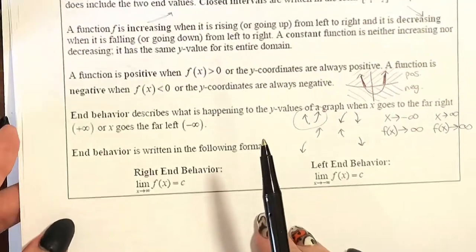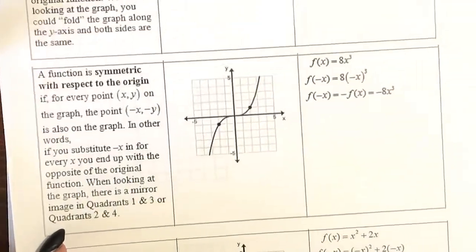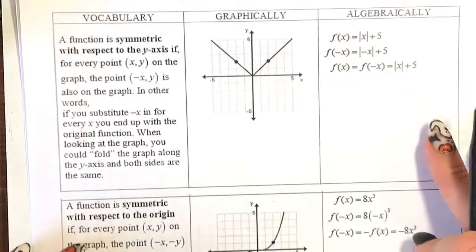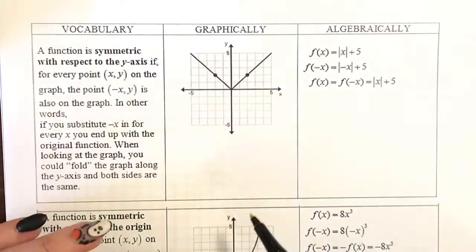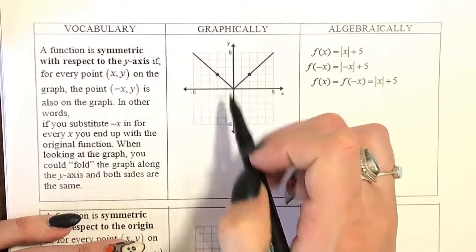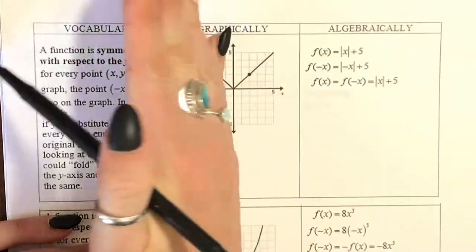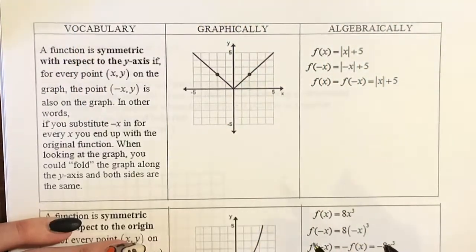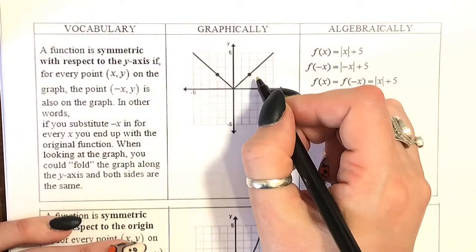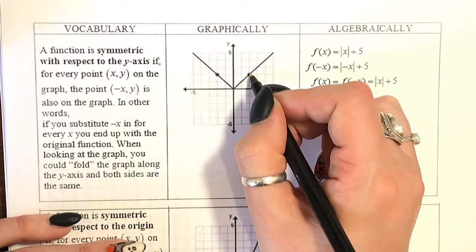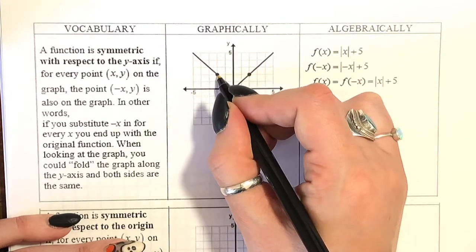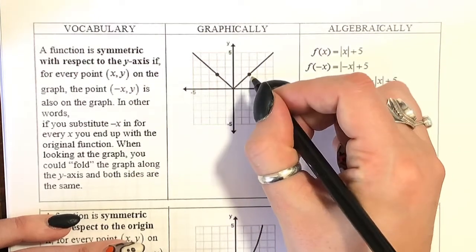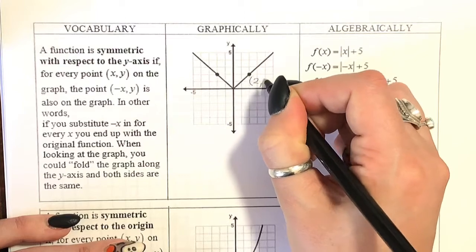So, okay. And then we've also talked about symmetry. We talked about symmetry last time. So a function is symmetric over the y-axis if I can think of a mirror image and flip it over. Mathematically, how we say that is if I can take a point over here and look at the point on the other side, this point is at 2, 2.